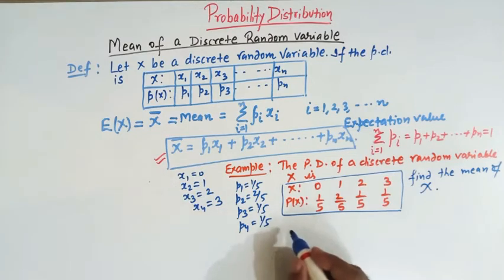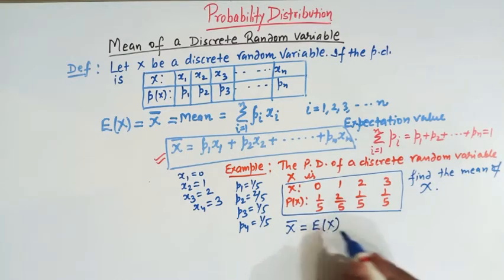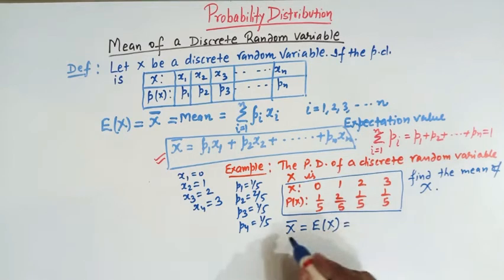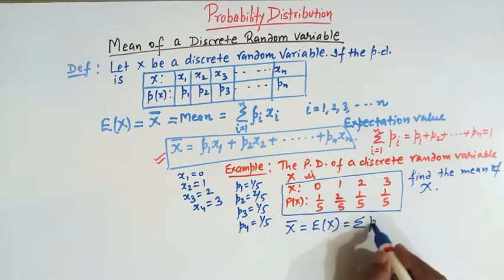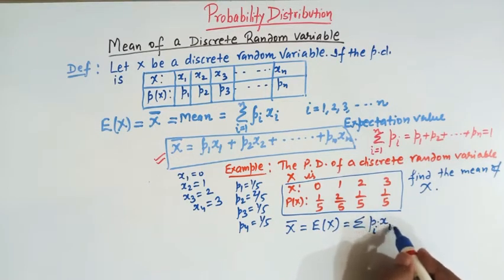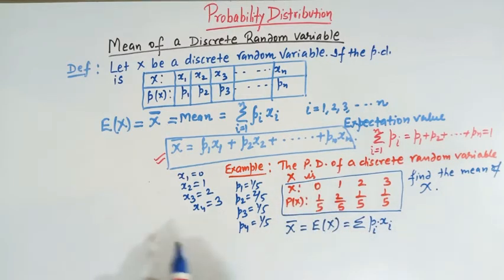Now the mean is denoted by x bar, or the expectation value of x. So the mean is given by sigma of pi multiplied by xi.